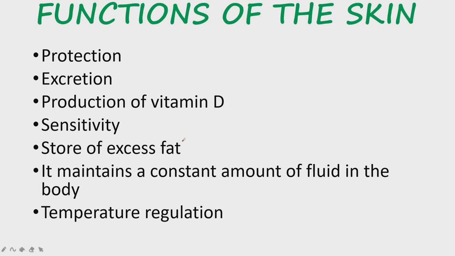Vasoconstriction will cause the blood to flow less in the surface of the skin. Thereby, you see little sweat being produced. Through this process, less heat will be released by convection and radiation. We won't have a large amount of heat leaving the body through convection and radiation.